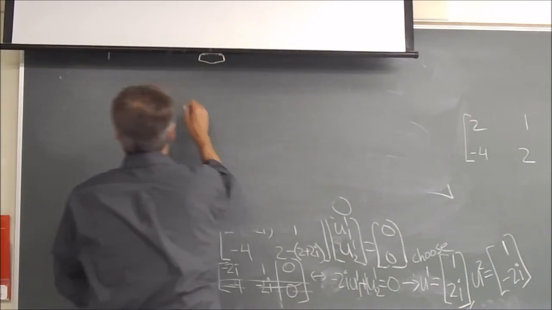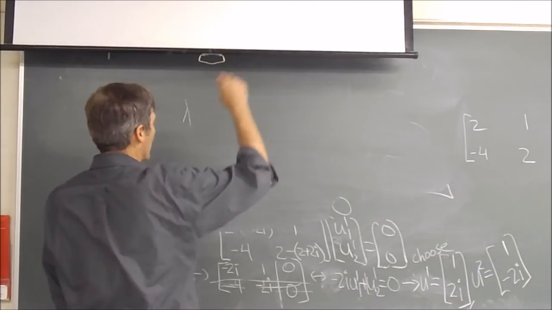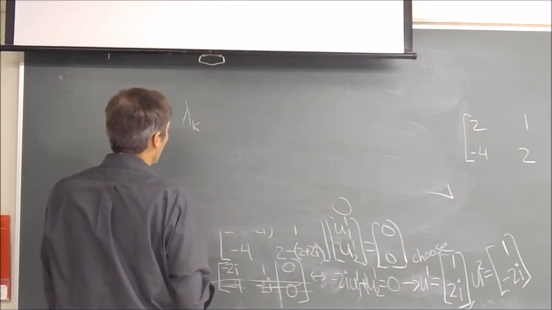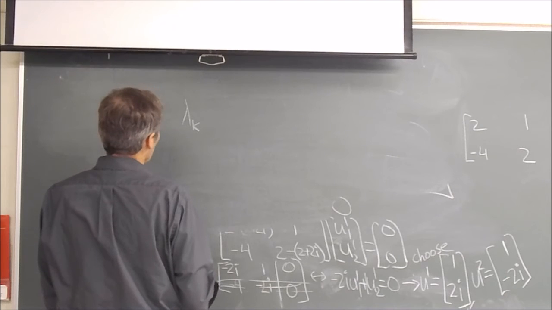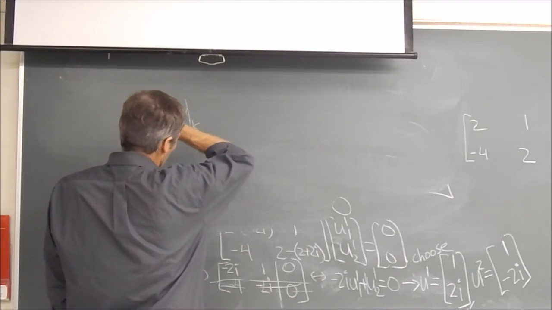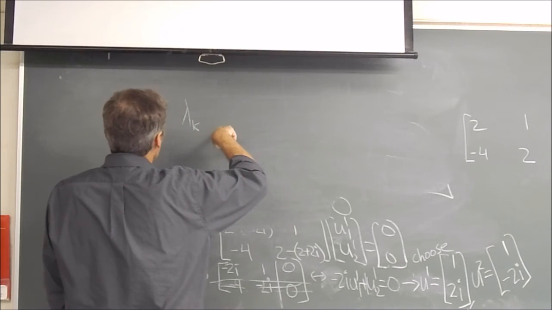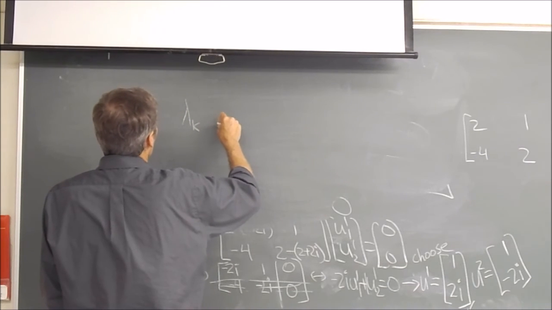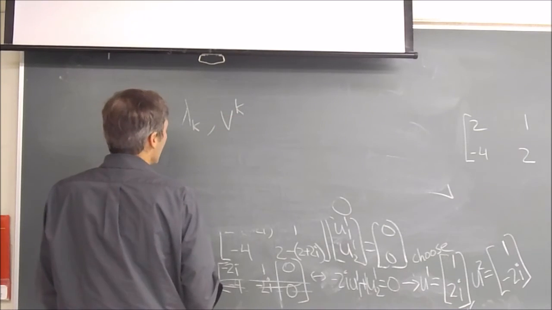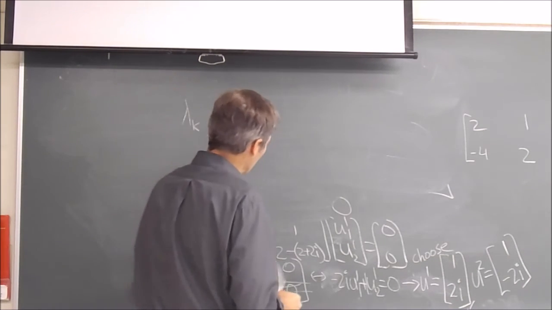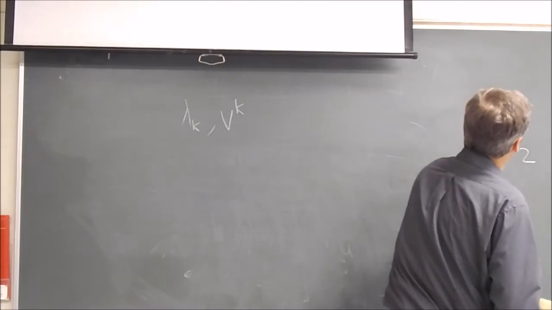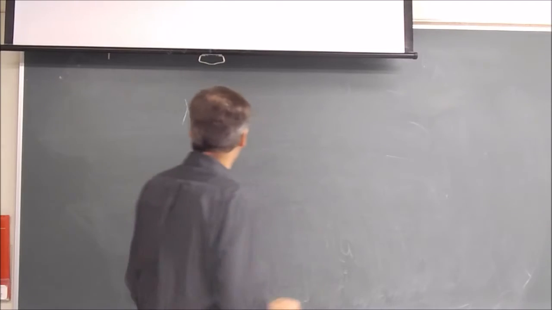If lambda k, assuming you have a whole lot of eigenvalues for a big matrix, is an eigenvalue of multiplicity greater than 1, and we have a corresponding eigenvector vk, we need a generalized eigenvector because the multiplicities demand it.